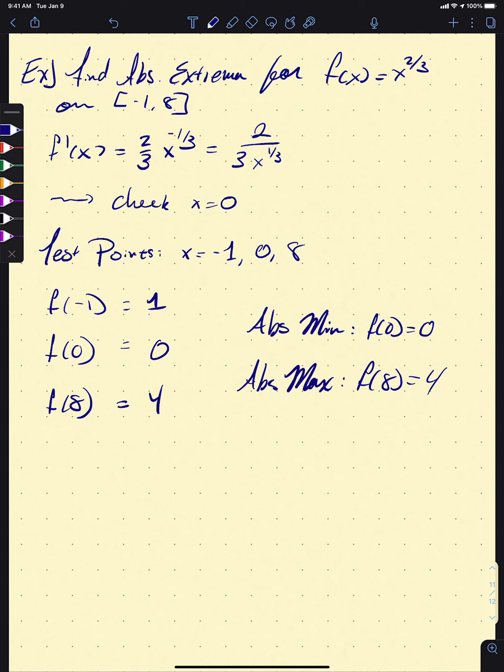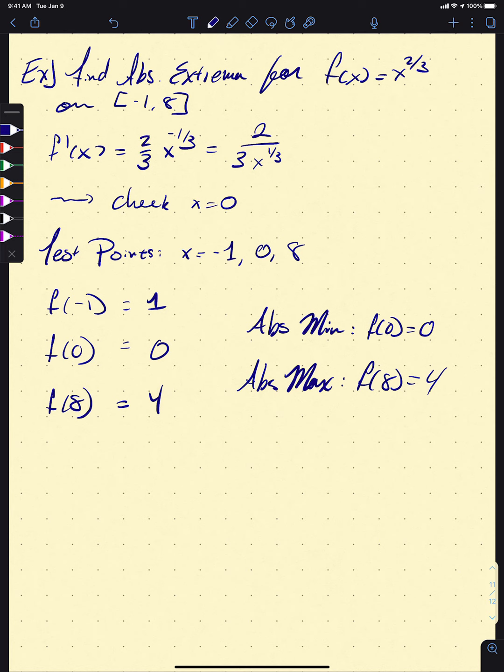And this is useful for situations outside of the realm of theory. You might be interested in what level of production yields the maximum profit. You're not concerned with local extrema there. You want the highest possible profit.